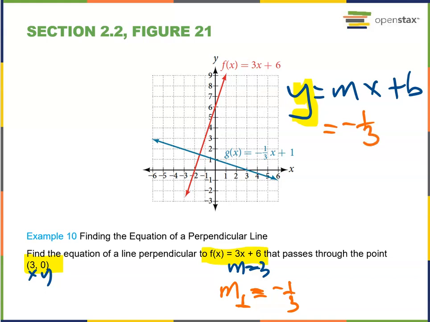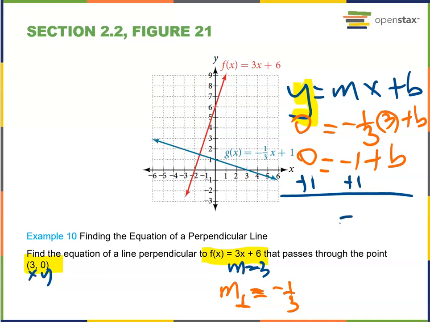Let's substitute x and y. y is 0 and x is 3, plus b. So 0 equals negative 1/3 of 3, which is negative 1, plus b, and then if you add 1 to both sides, b is 1.